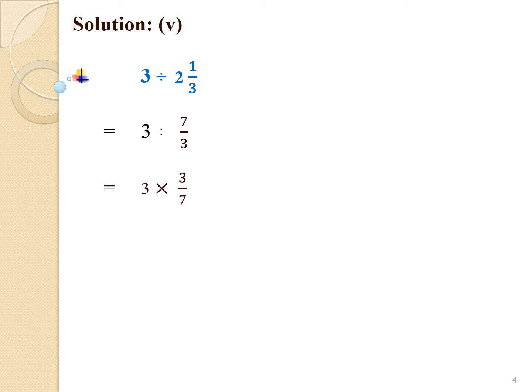Now, multiplying 3 by 3 and keeping the denominator 7 same, we get 9 upon 7. Now, converting 9 upon 7 into mixed fraction, we get 1 integer 2 upon 7. So, 3 divided by 2 integer 1 upon 3 is equal to 1 integer 2 upon 7.